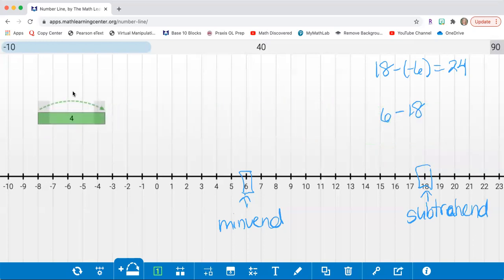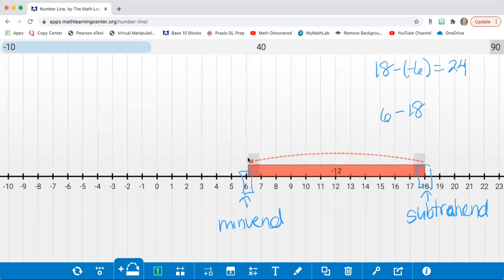So the same exact rules and ideas apply. Start at the subtrahend and count to the minuend. In this case, we're counting back. And this yields us this negative 12. So we still see the distance or difference between 6 and 18 is 12, but we need to pay attention to which one comes first, the minuend or the subtrahend.